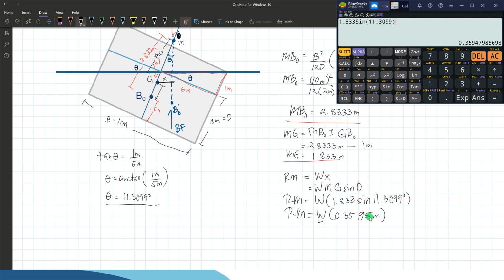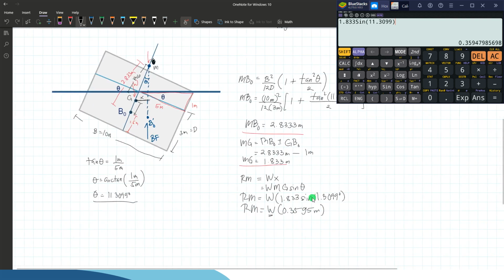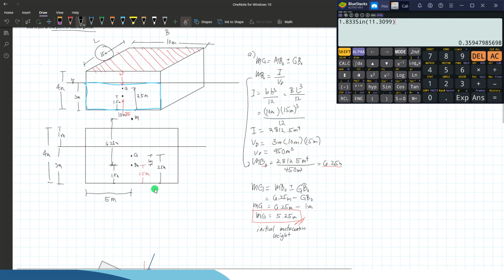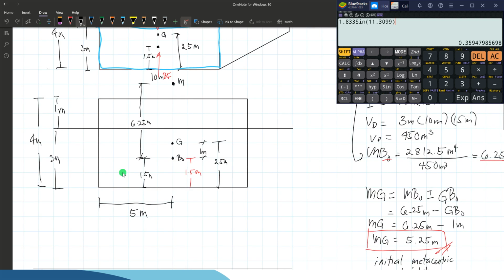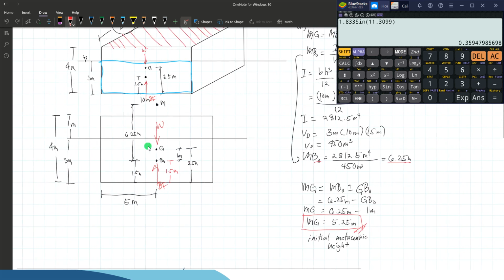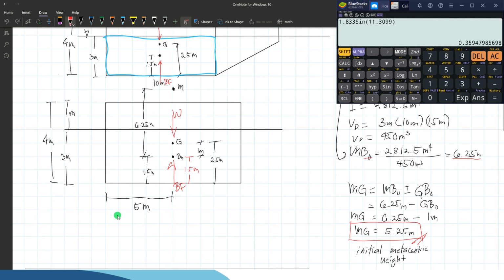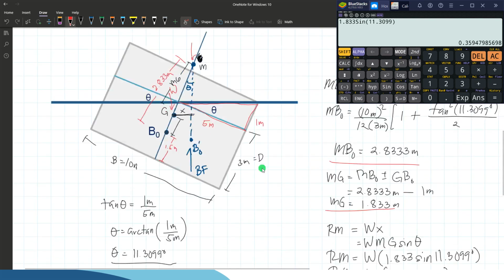We can solve W by going back to the initial position. We take the sum of the vertical forces because we have W and the buoyant force. Since it is floating, the weight of the object is just equal to the buoyant force.